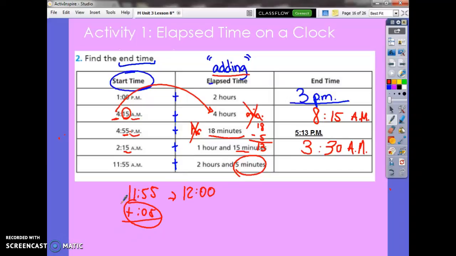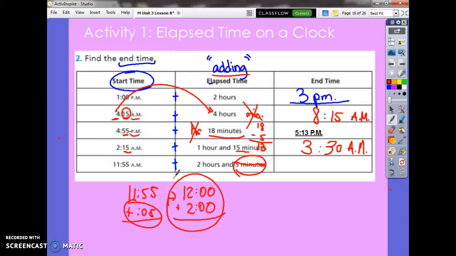Now, after I've added the 5 minutes, I have 2 hours left to add. So 12 o'clock plus 2 hours. 12 to 1, 1 to 2. So 12 o'clock plus another 2 hours is going to be 2 o'clock. Now I can't add it like this, right?